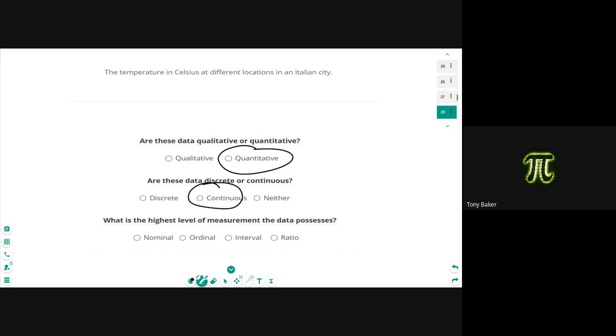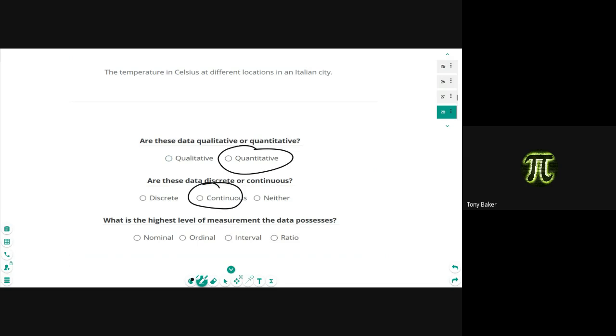If I was going to claim it's a ratio, I have to do a division, right? But I can't say it's twice the temperature. I would have to say twice as hot or twice as cold. I have to give direction, which means I have to add information that I don't have. So temperature is interval and not ratio.